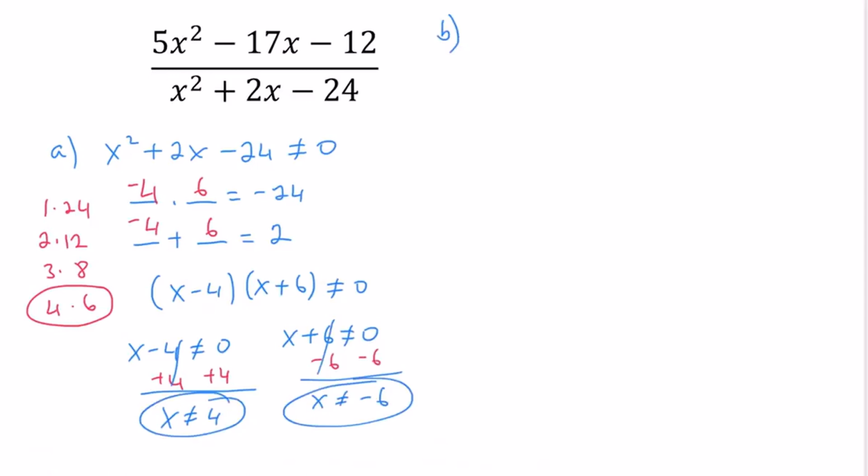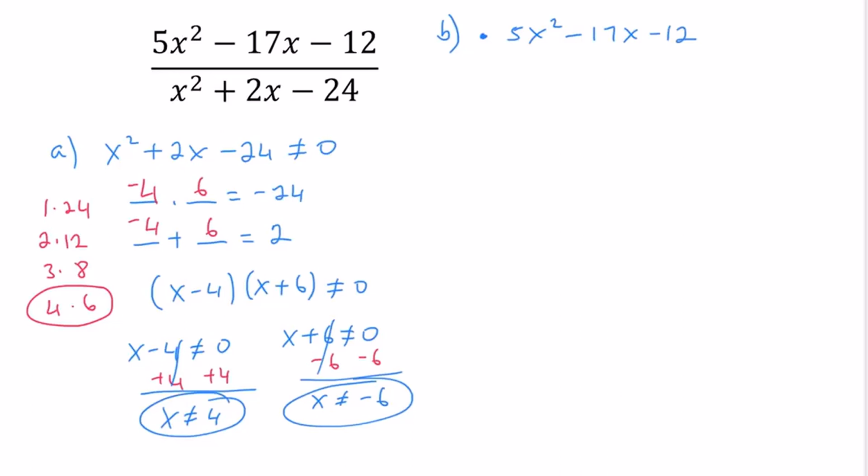The second step, we need to factor the top. We already factored the bottom. So the top, we have 5x squared minus 17x minus 12. We have 3 terms. The number in front of the x squared is not 1. There is no GCF.